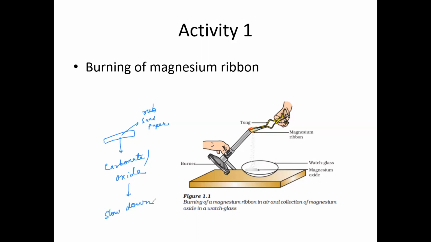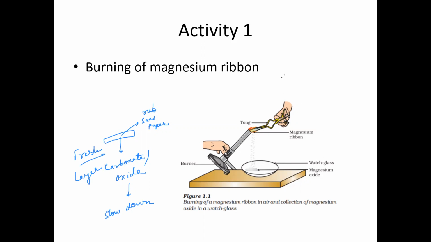It will take time for it to catch fire. So in order to make it a quick reaction, we should have a fresh layer of magnesium metal. So to get a fresh layer of magnesium metal, we have to remove these layers of oxide and carbonate. Therefore, we rub it with a sandpaper before it is burned.